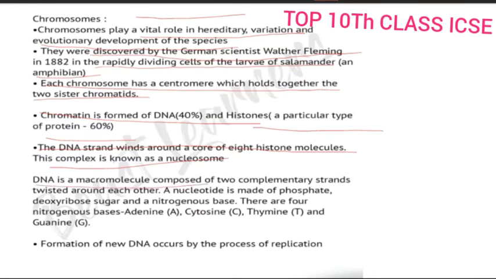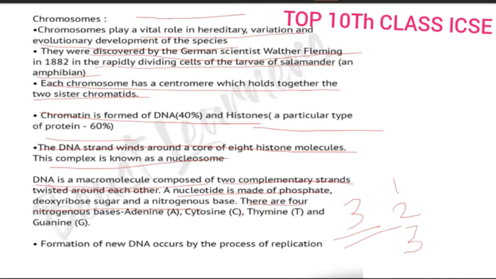DNA is a macromolecule because it is very large, composed of two complementary strands twisted around each other. A nucleotide is made of a phosphate, deoxyribose sugar and nitrogenous base. Means it is made up of three things: first is phosphate, second is deoxyribose sugar, and third is nitrogenous base.